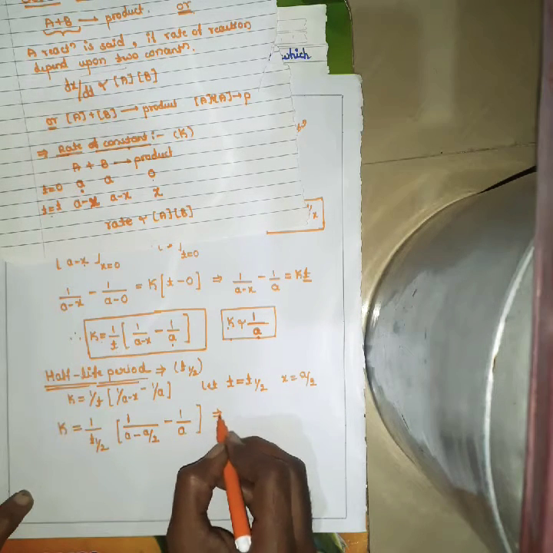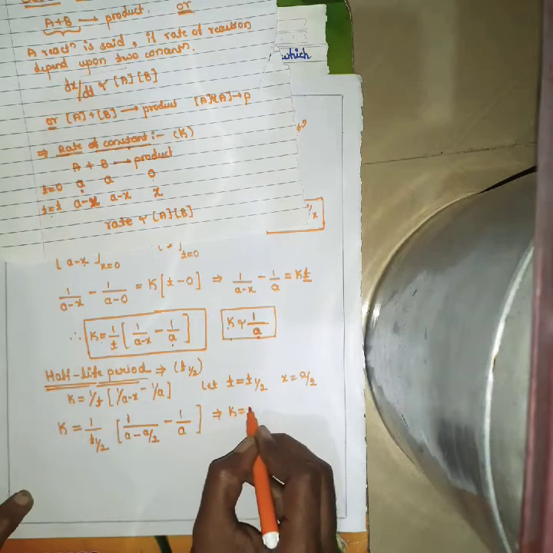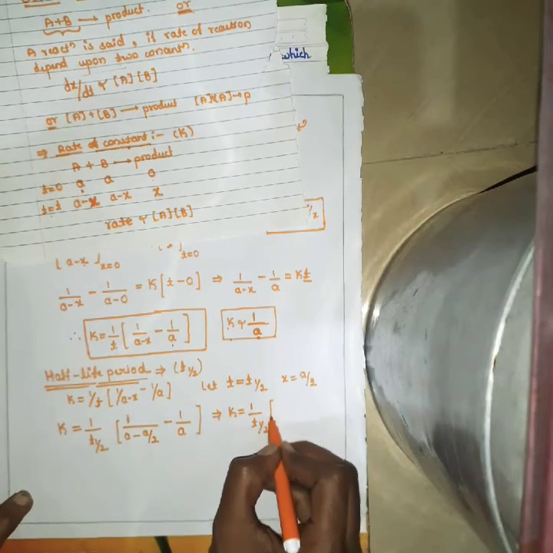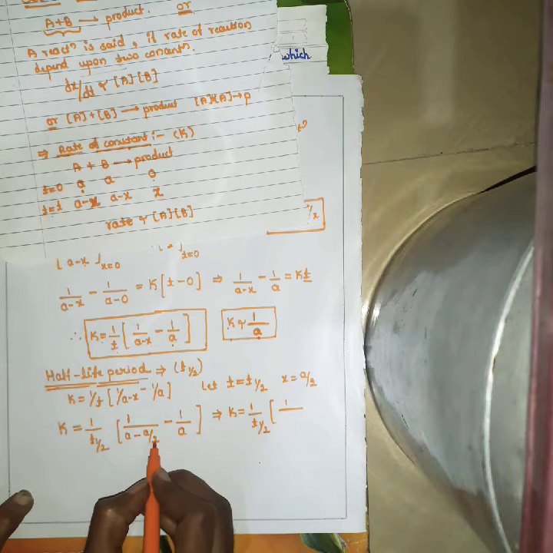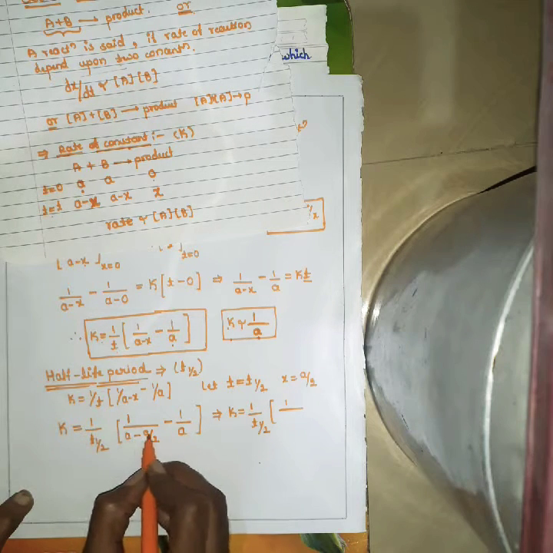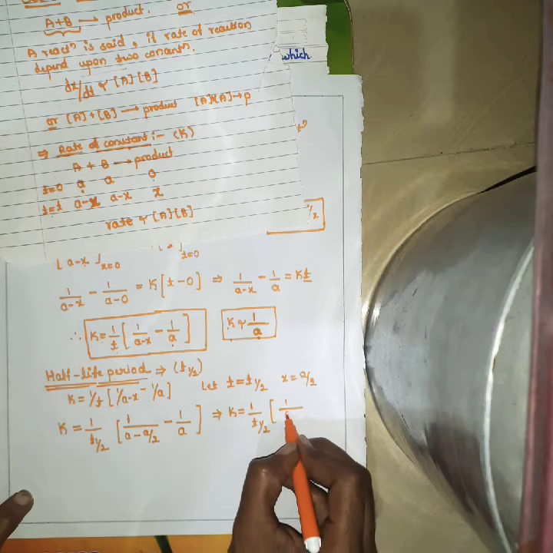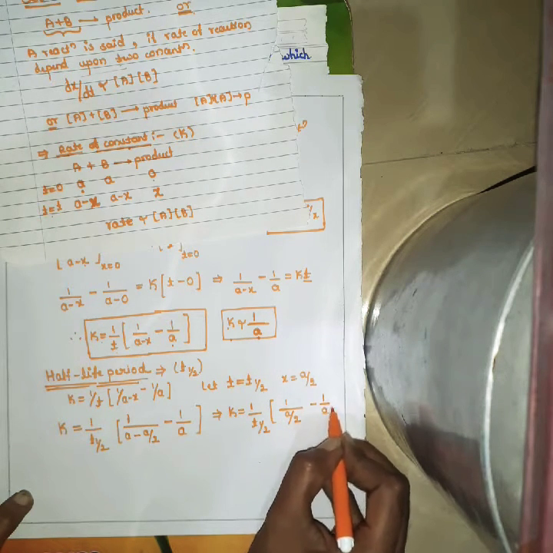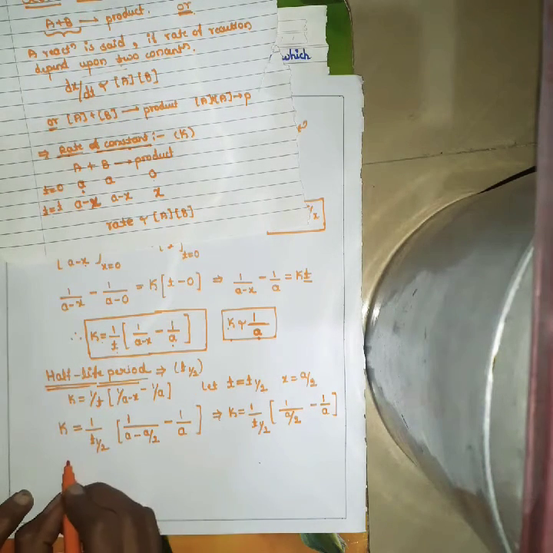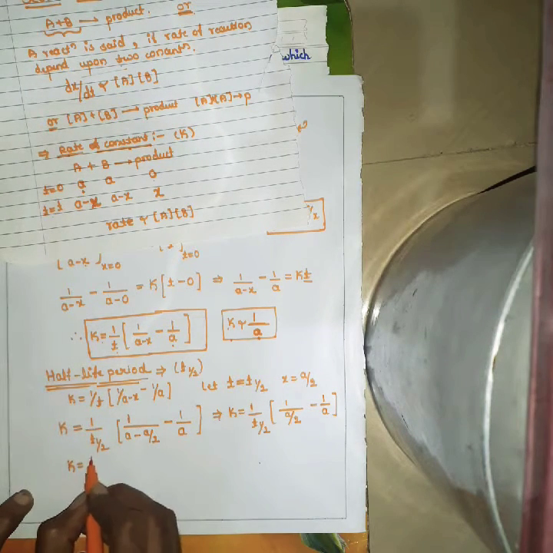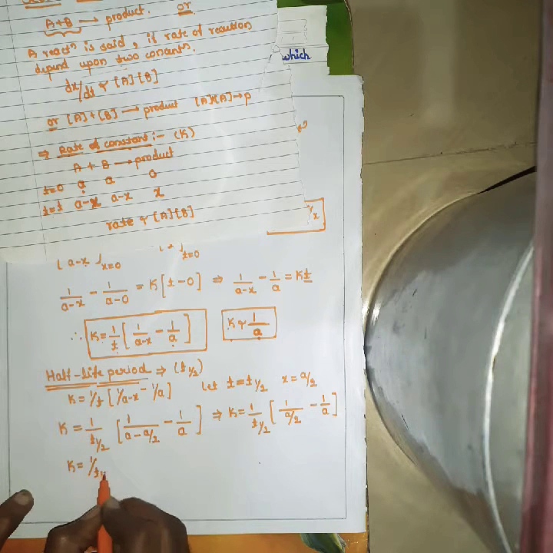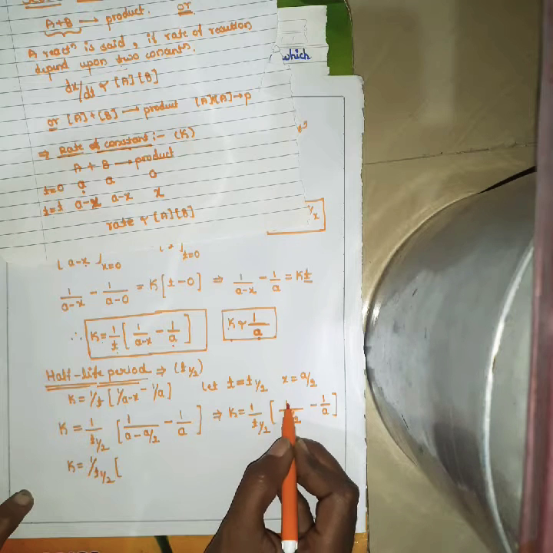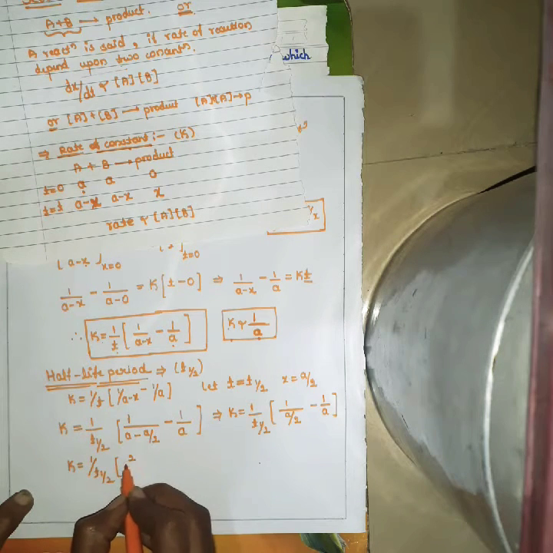After simplification, taking the LCM, a minus a divided by 2 is a divided by 2, so a by 2 goes above and becomes 2 divided by a.